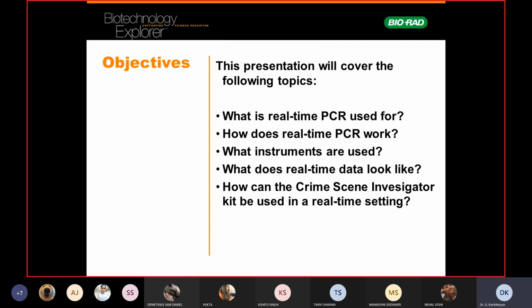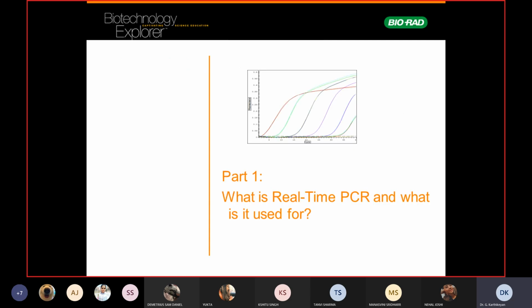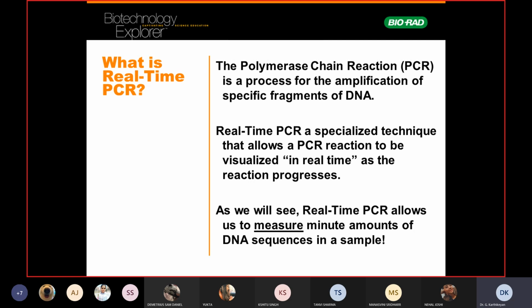This is just an example that Biorad has given, so I'm using it. But you could use real-time PCR for many different applications. So in this case, they are talking about this. So what is real-time PCR and what is it used for?